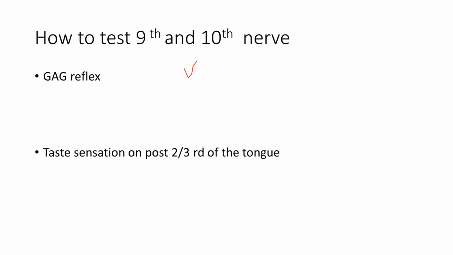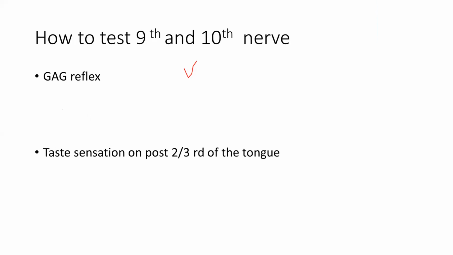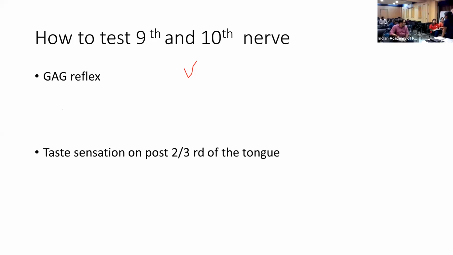Okay, 9th and 10th now. Yeah, gag reflex. So 9th is the afferent and 10th is the efferent. When you touch the posterior part of the pharynx, what happens in gag reflex? Close the mouth. Cough, is that gag?